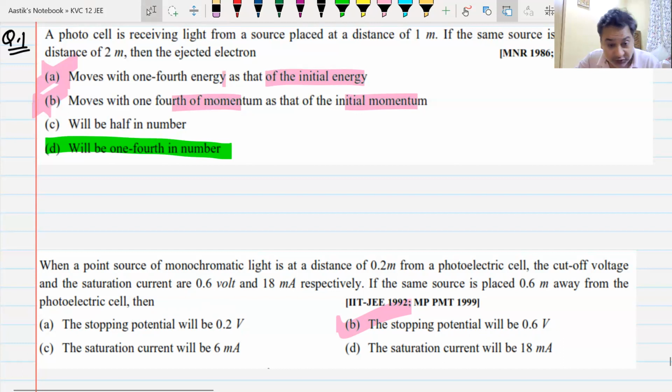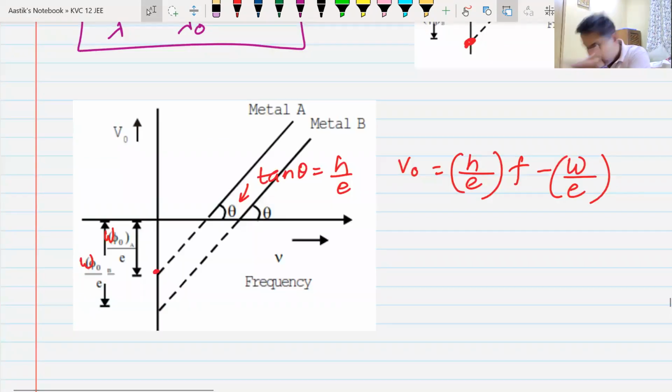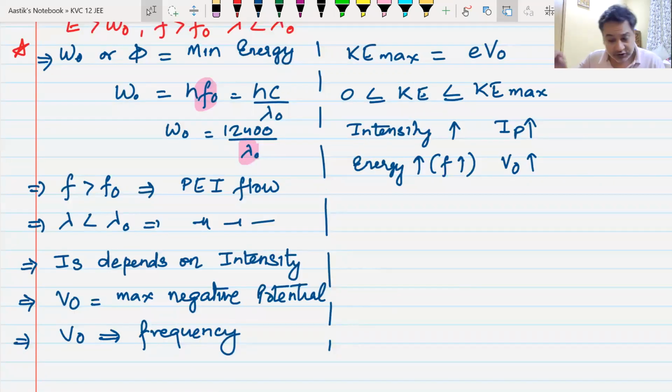Oh no, it does not depend, sir. This graph, sir, we did not draw this graph, sir. What, sir? कुछ भी, sir. This, sir? No, no, sir. We did not write it, sir.